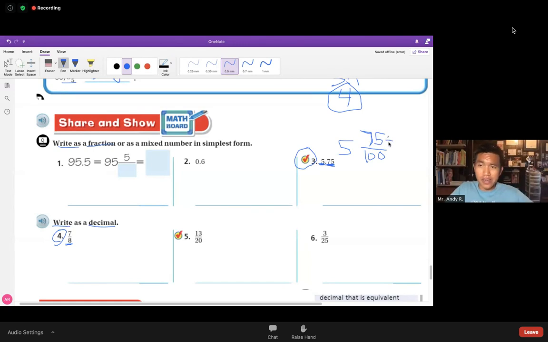And of course, 25 times 4 makes 100. So 25 is a factor of 100 too. So 75 divided by 25 is 3, and 100 divided by 25 is 4.